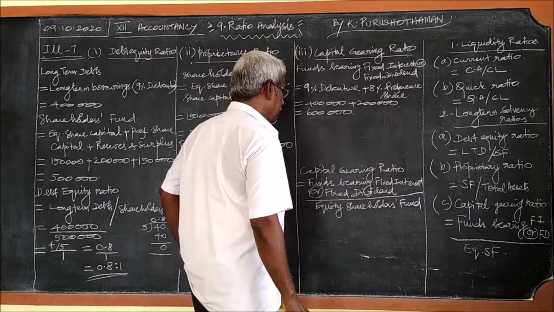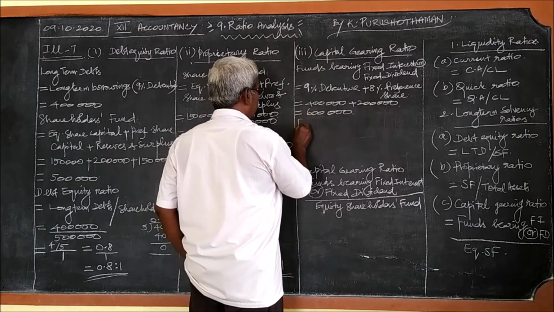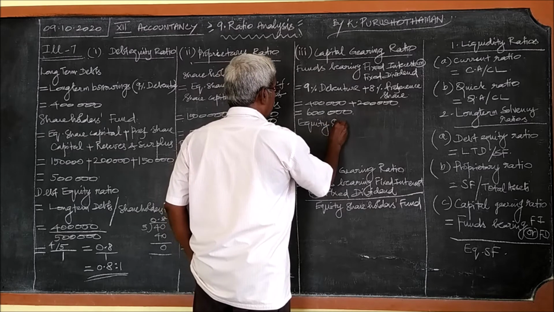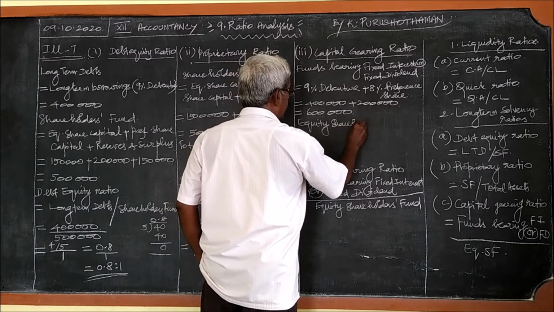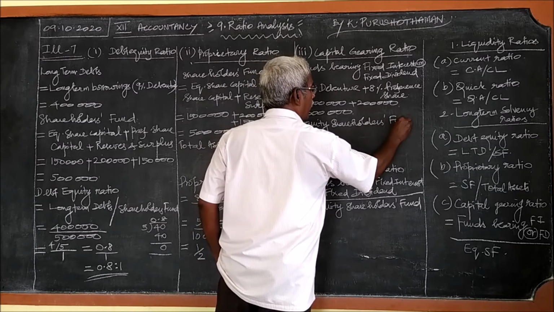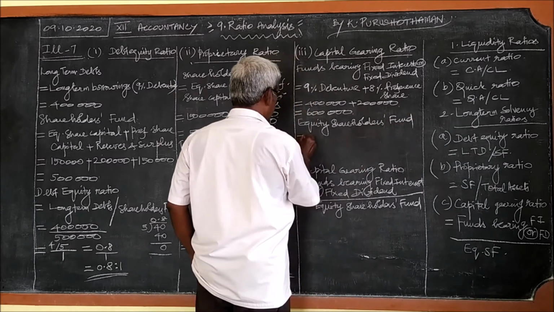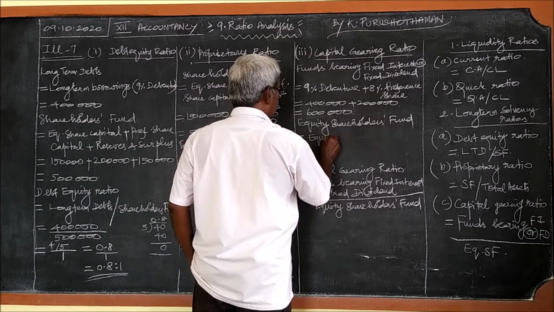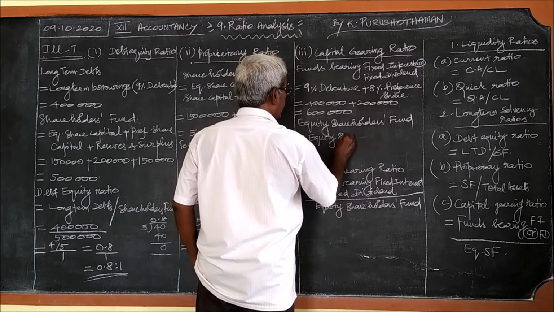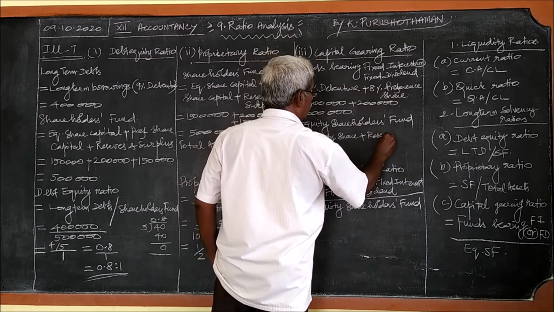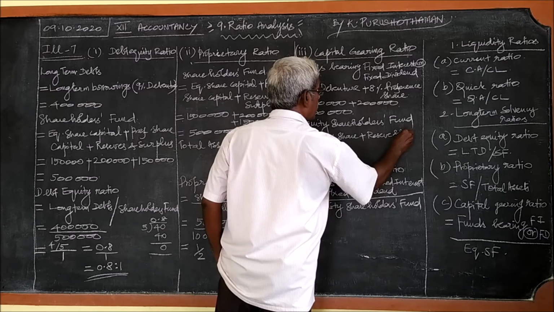Then the denominator, equity shareholders fund, is equal to equity shares plus reserves and surplus.